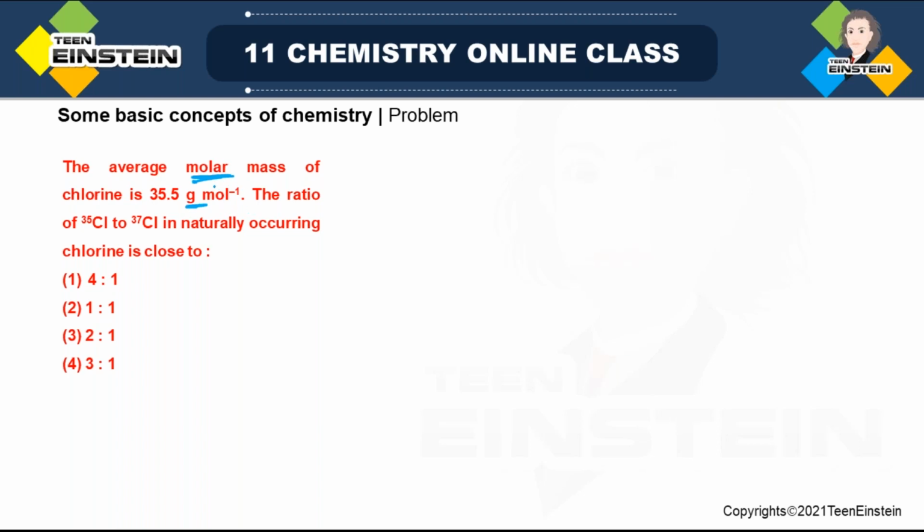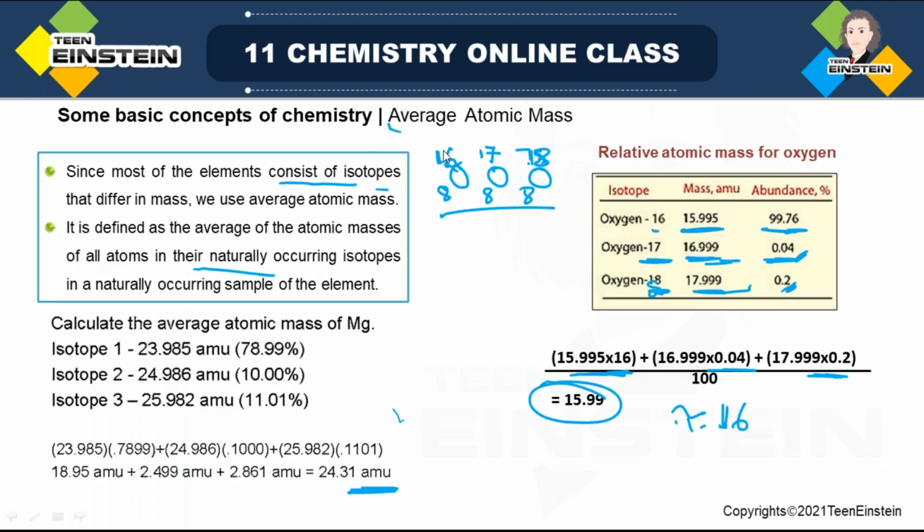just be careful: when it is mentioned molar mass, then the unit will be different, but the numerical value is the same. If I say the average atomic mass of chlorine in AMU, that is also 35.5, but the unit is different. See here it is written in the topic average atomic mass, right?